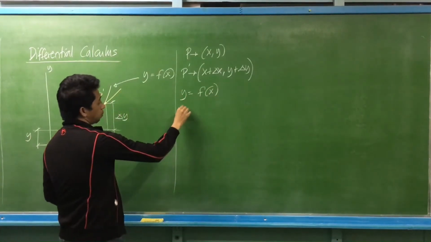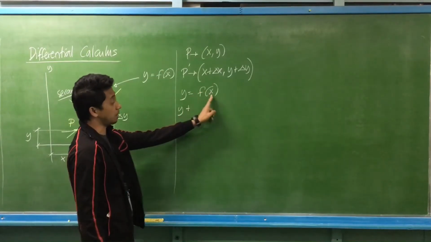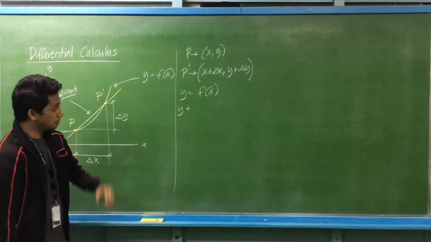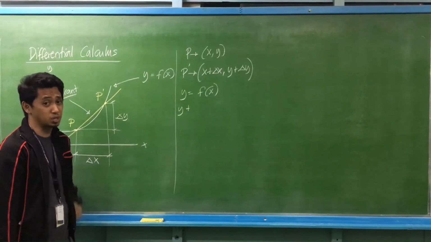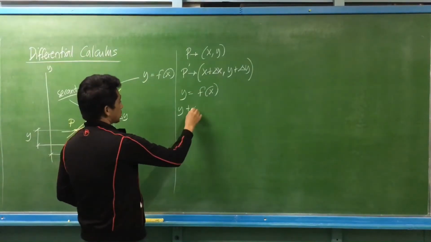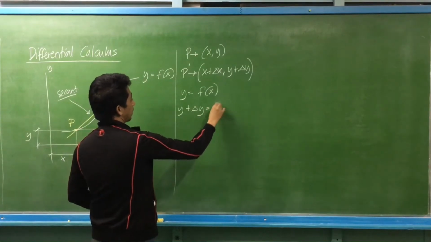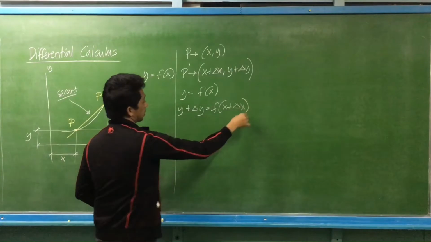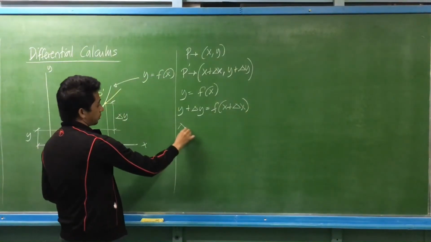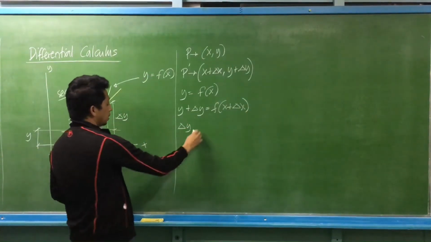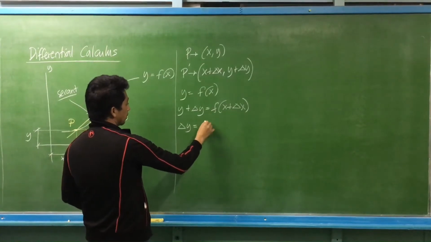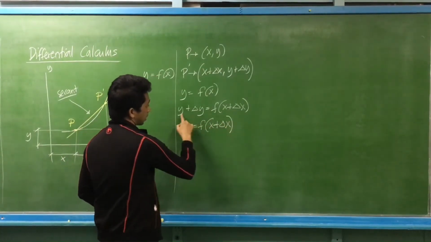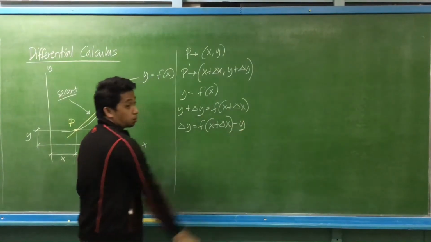So for example, there will be a change in x that will give us a corresponding change in y. If there is a change in x, obviously there is a change in y. So we have delta y is equal to f of x plus delta x, minus y.